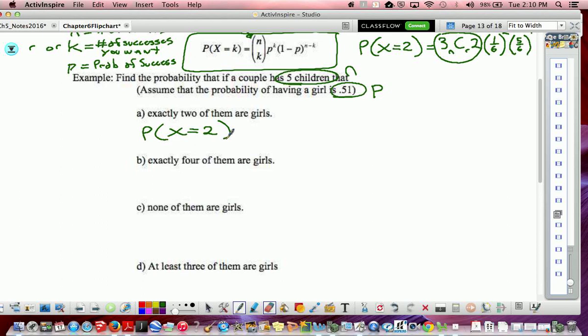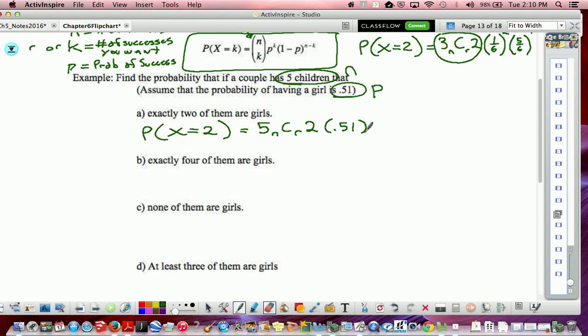So how the formula works: 5 NCR 2. I'm taking 5, choosing 2 of them to be girls. The probability of a girl is 0.51.